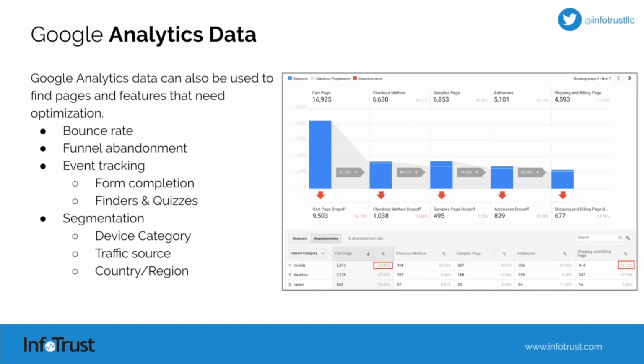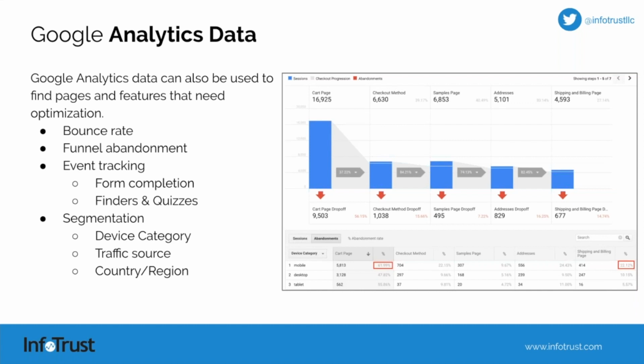Event tracking. If you've set up any custom events in Google Analytics, these events are available to you in Google Optimize to use as objectives. So if you have forms or email subscriptions, finders, quizzes, store locators, all of those things could be set as objectives in your tests.